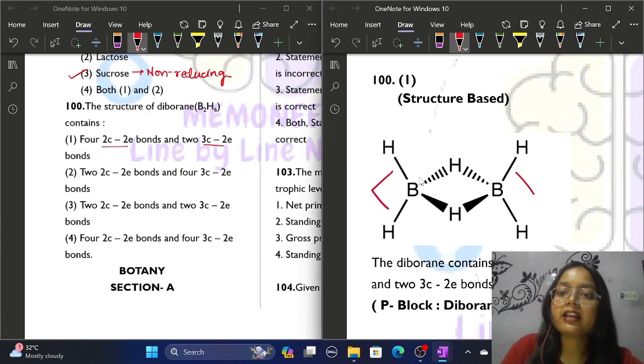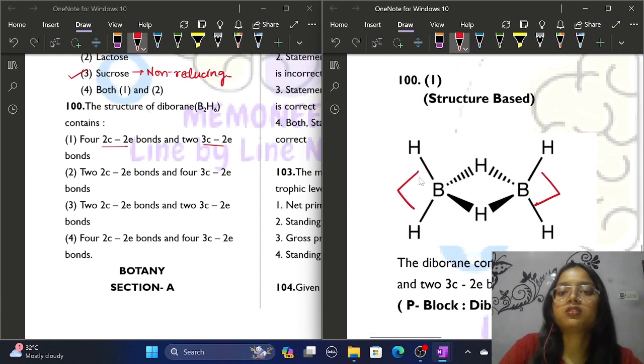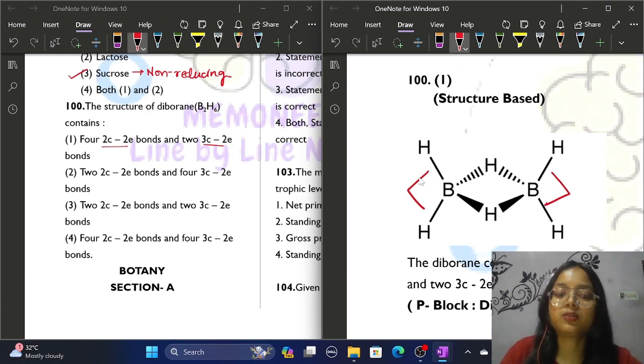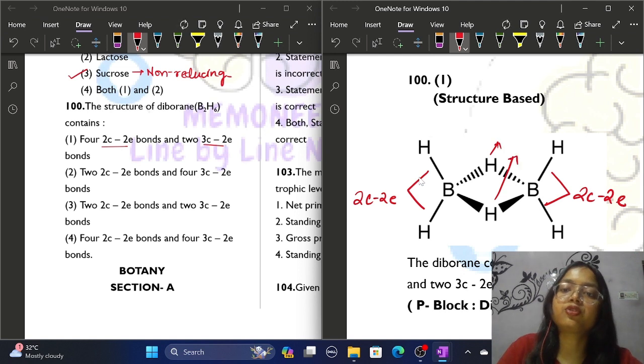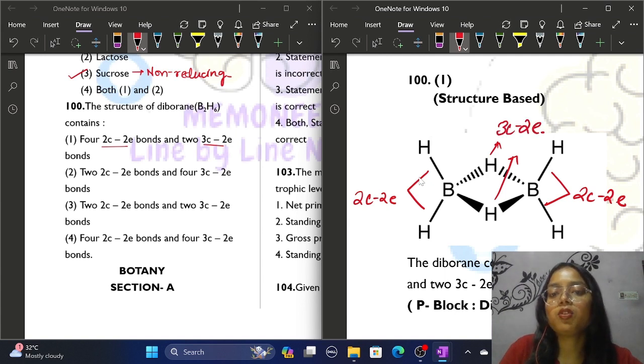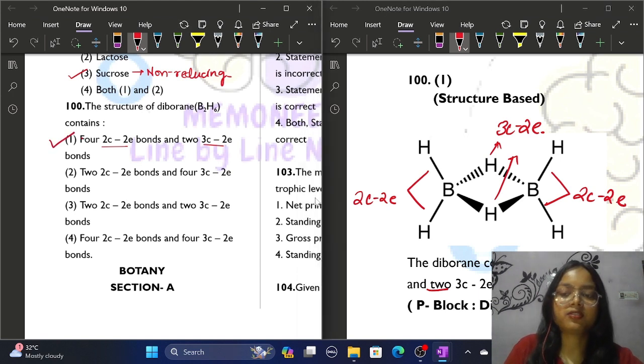The terminal hydrogens which are attached to the boron will show 2C2E bonds, 2 center 2 electron bonds, and the bridged hydrogens will show the 3C2E bond. So there are 4 2C2E bonds and 2 3C2E bonds, right? So option 1 will be the correct option.